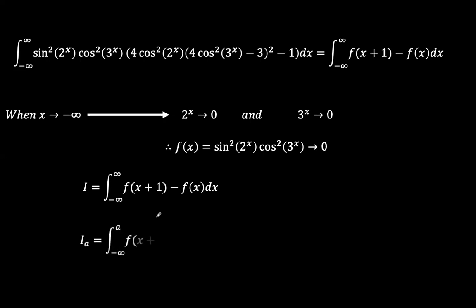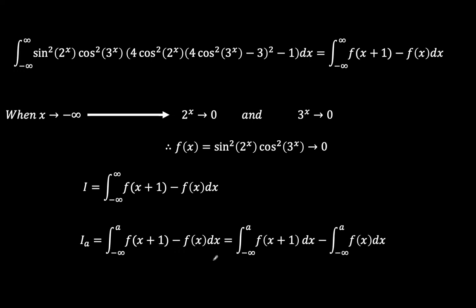And then the integral from x equals negative infinity to x equals a is equal to the separate integral of f(x+1) from negative infinity to a minus the integral of f(x) from negative infinity to a, since we know that as x tends to negative infinity, these integrals tend to 0.